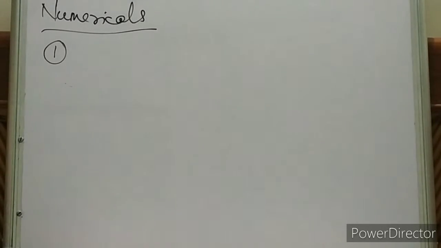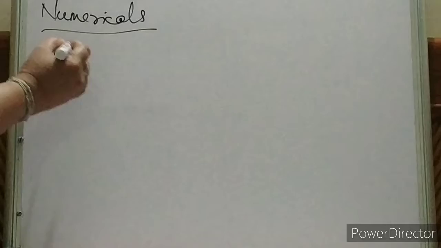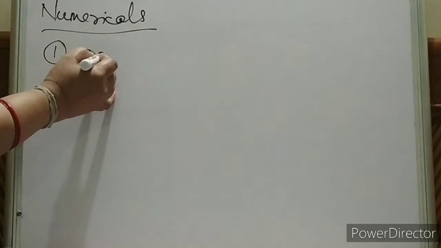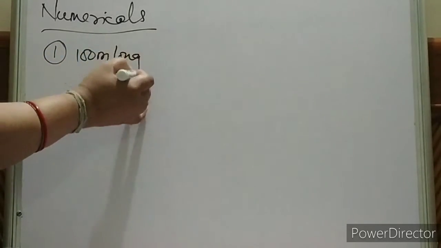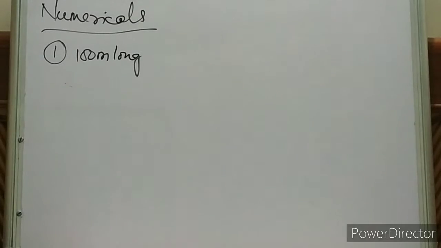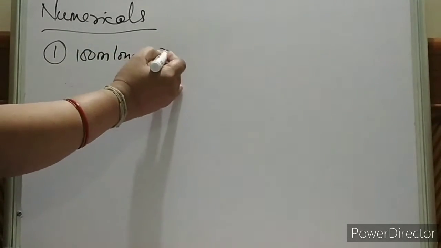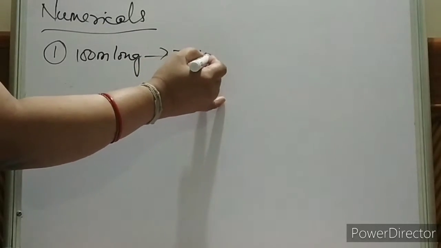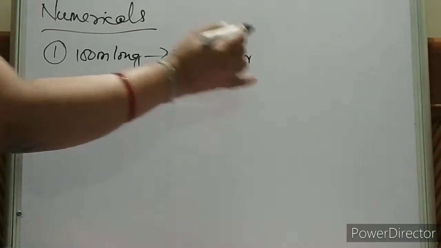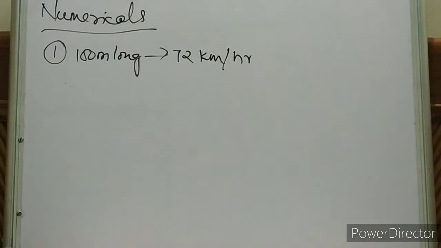First numerical. A train of 100 meter long is moving with the velocity of 72 kilometer per hour. Okay. We have to find the time it takes to cross the bridge.